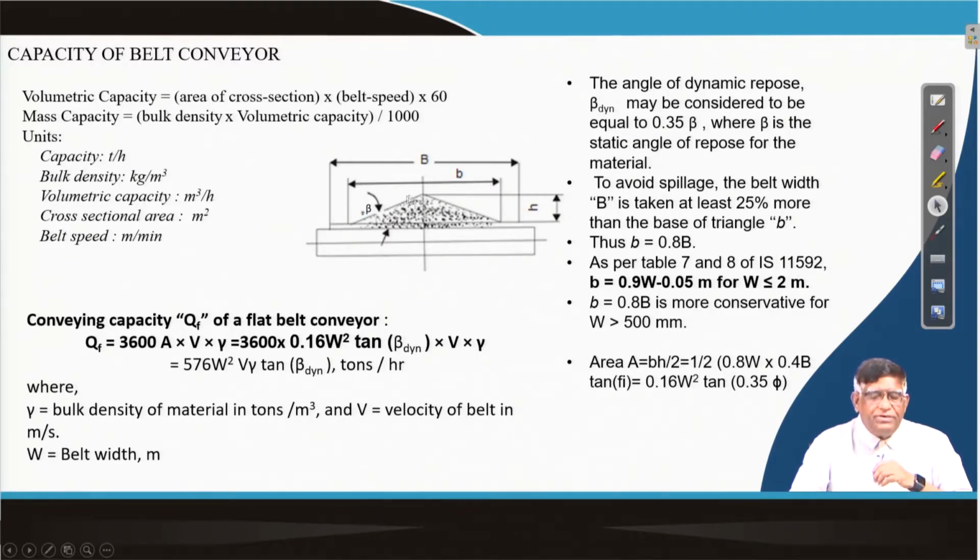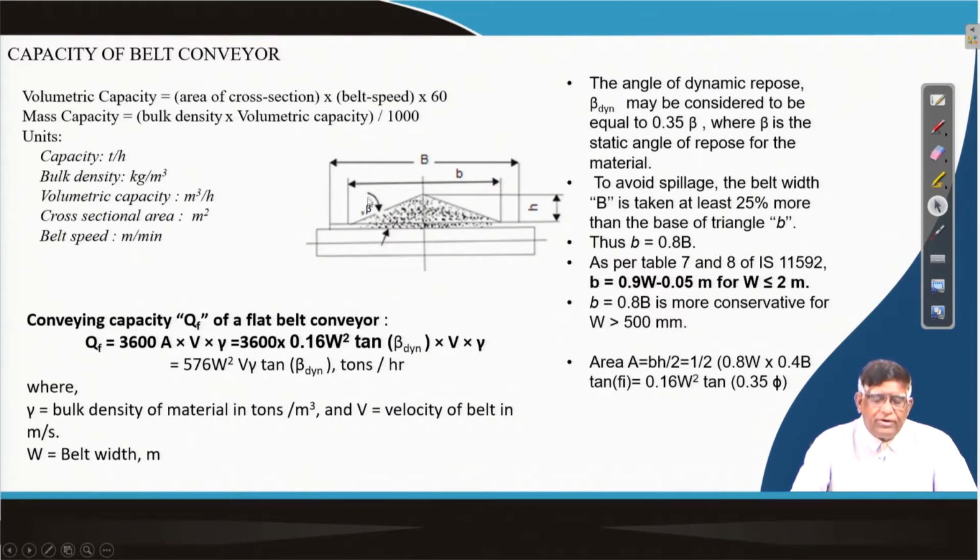Now, when this material is placed on the belt, depending on the bulk material, it has an angle of repose. As I told you the other day, there is the angle of surcharge, or the dynamic angle of repose. During the motion, this angle beta will come down a little, because the material will settle down or fall back.